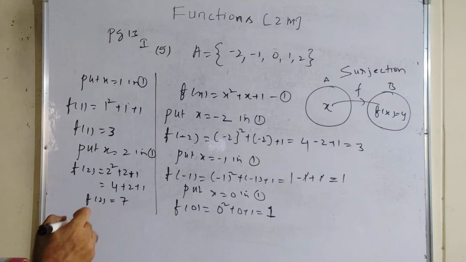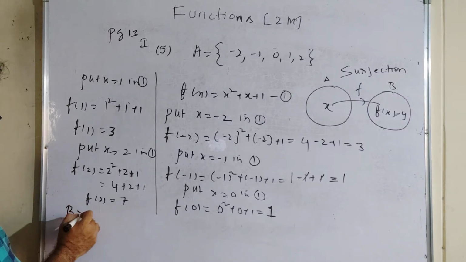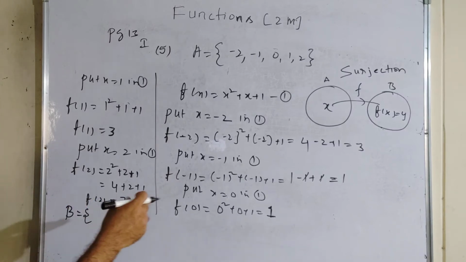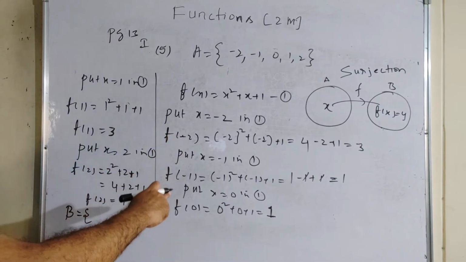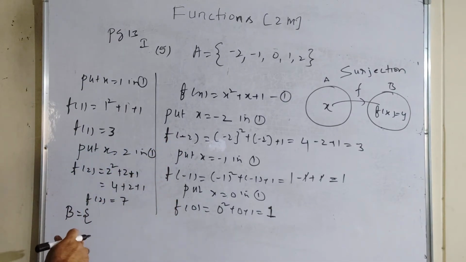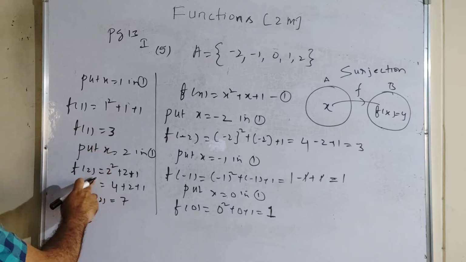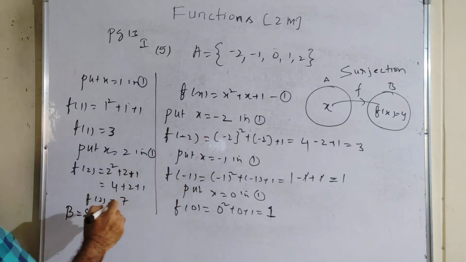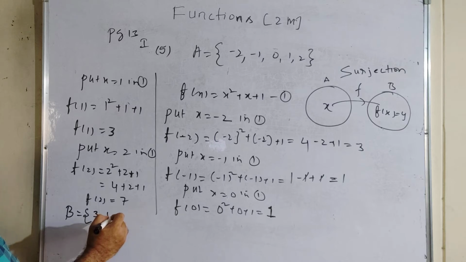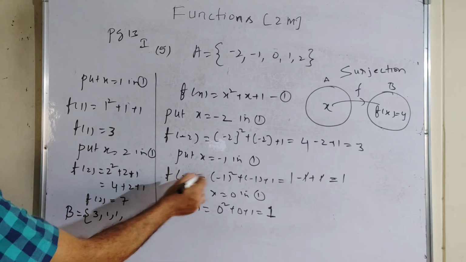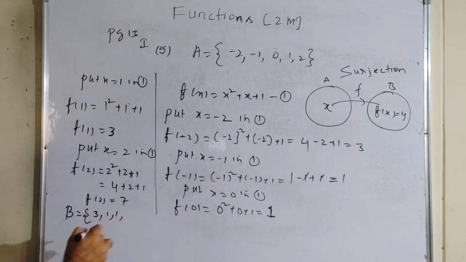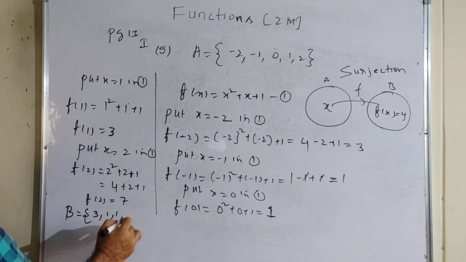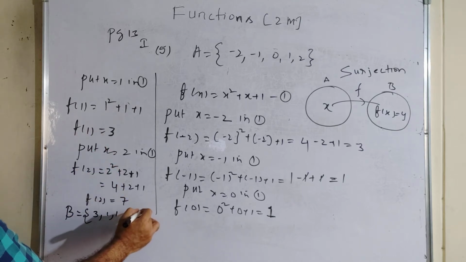Now what are the elements in set B? The set B elements are going to be f(-2), f(-1), f(0), f(1) and f(2). So the first value is nothing but 3, the second value is nothing but 1, and the third value f(0) is again 1, and f(-1) is also 1, f(0) is also 1, and here f(1) is equal to 3, f(2) is equal to 7.